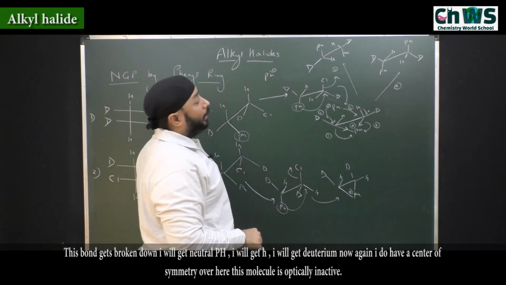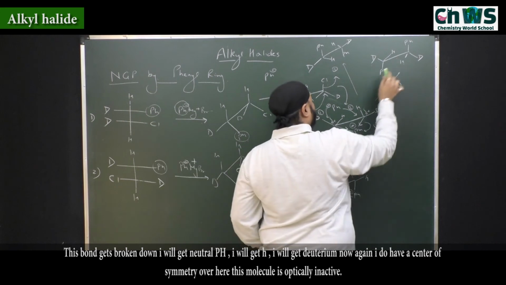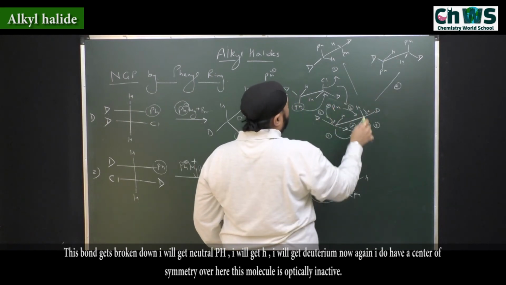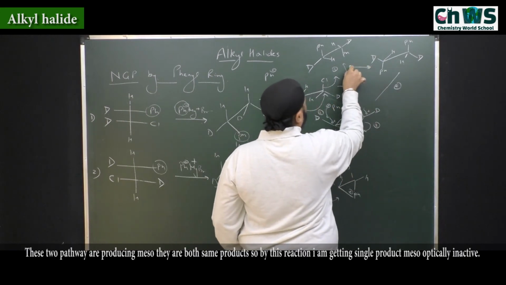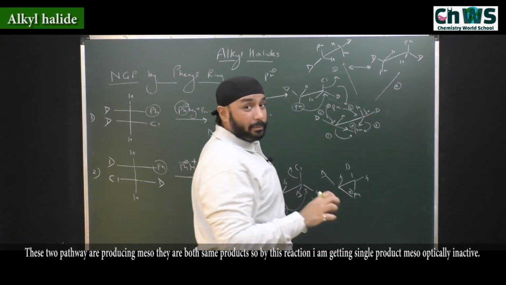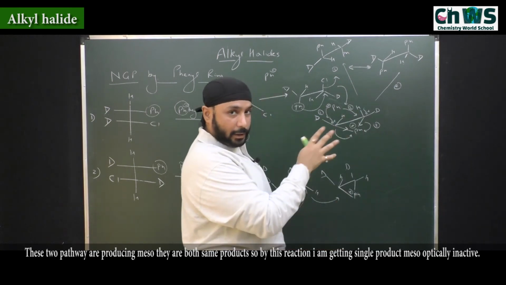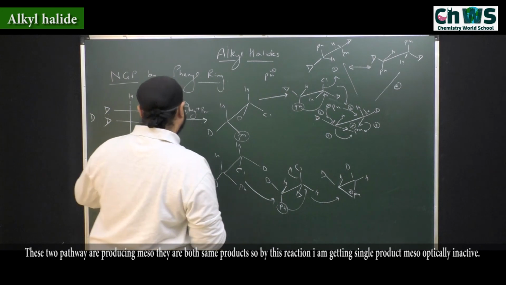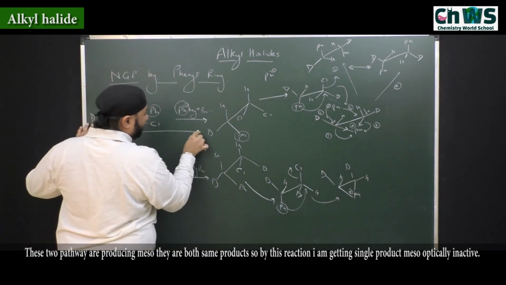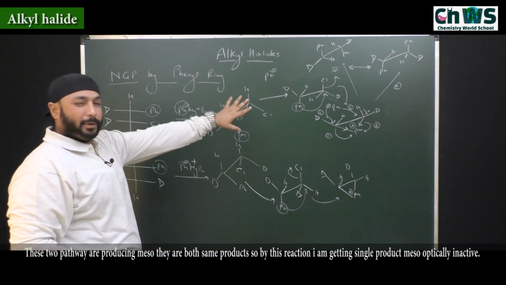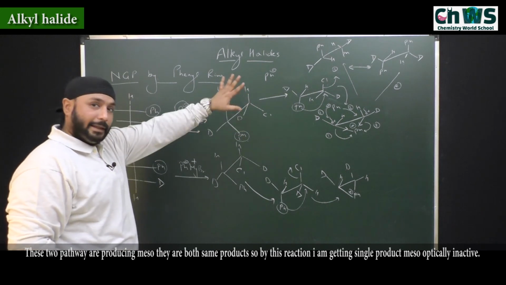Now again I do have a center of symmetry over here. Again this molecule is optically inactive. Meso, that means these two pathways are producing meso, they are both the same product, right? So by this reaction I am getting a single product which is meso, optically inactive.